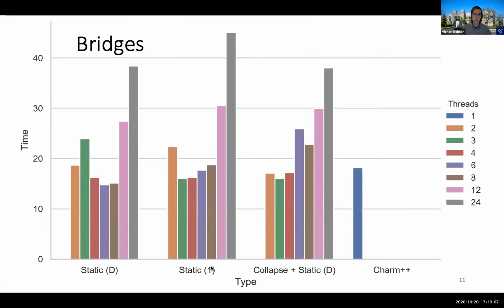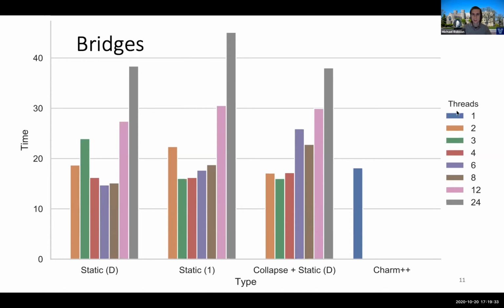Then we have a couple of different OpenMP experiments: the default static decomposition, which gives each core the total number of iterations divided by the total number of cores, so a big chunk of work at a time, versus the static one-chunk-at-a-time version, and then we also add in the collapse parameter. You can see we get a distribution of performance here.